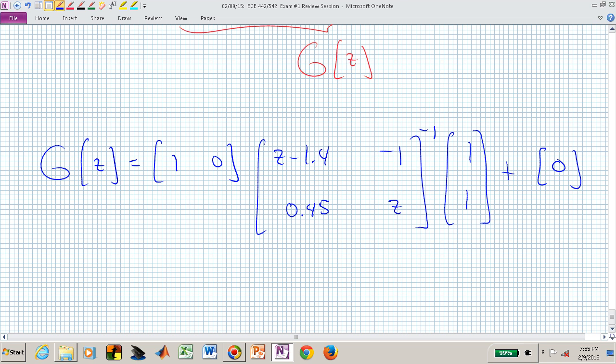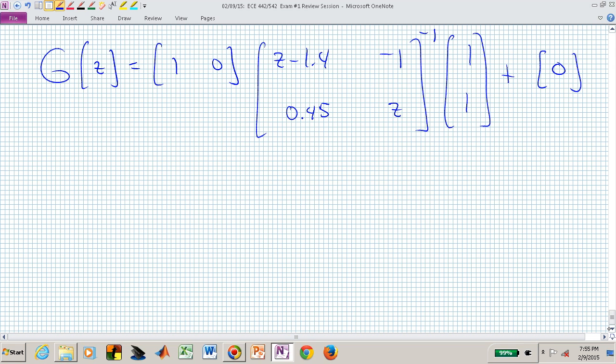You can interchange the diagonals and change the sign on the off diagonal, and that's your inverse when you divide by the determinant. But you'll end up with then the same answer that we had before. Or you let your calculator do it, I guess. In some cases, your calculator is up here, right? Between your ears.